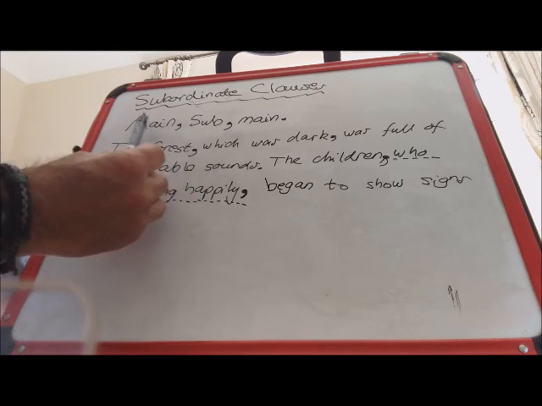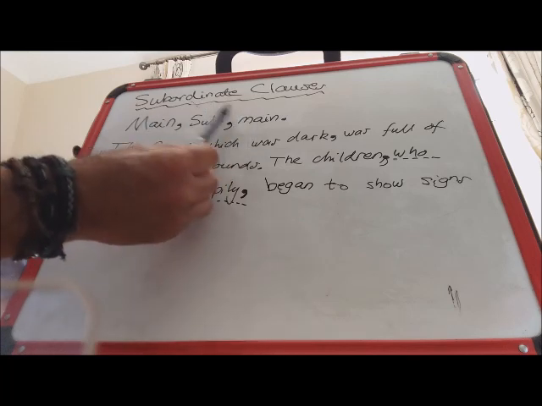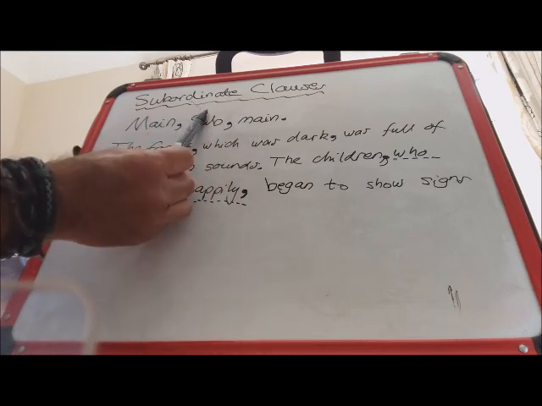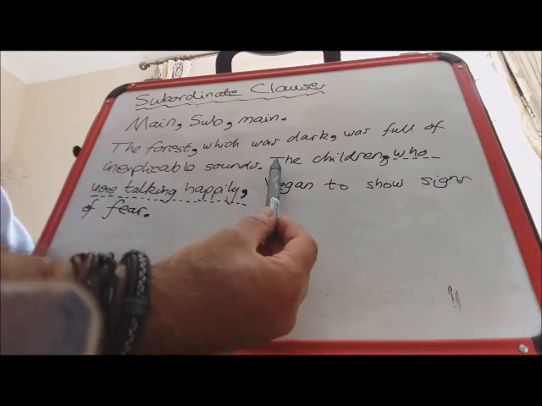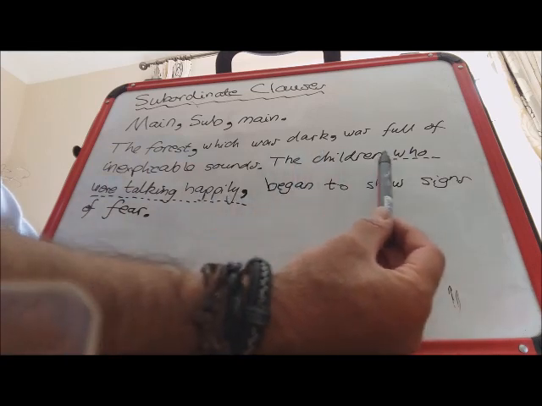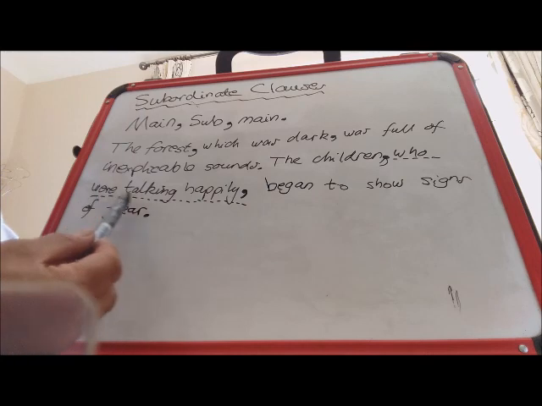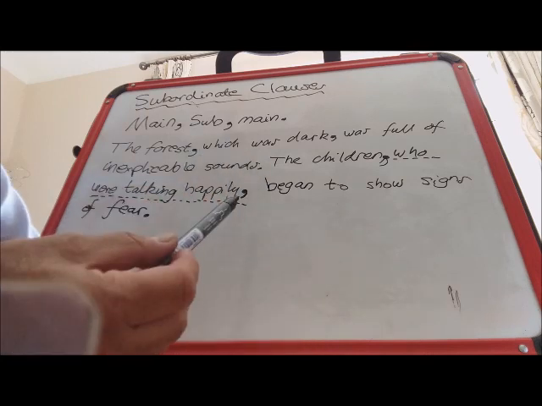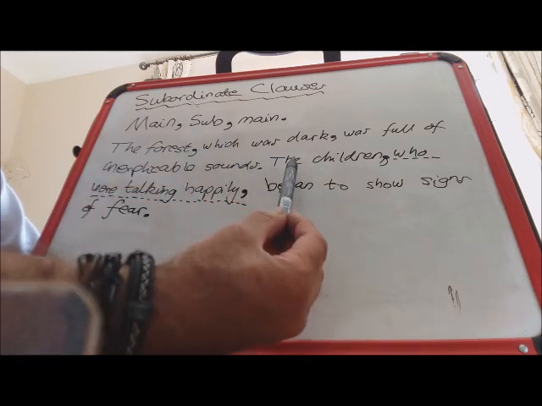These aren't two separate main clauses. These are the same one, but just split in half. So if we read the sentence and we miss out the subordinate clause, the rest of the sentence should make sense. So let's have a go.